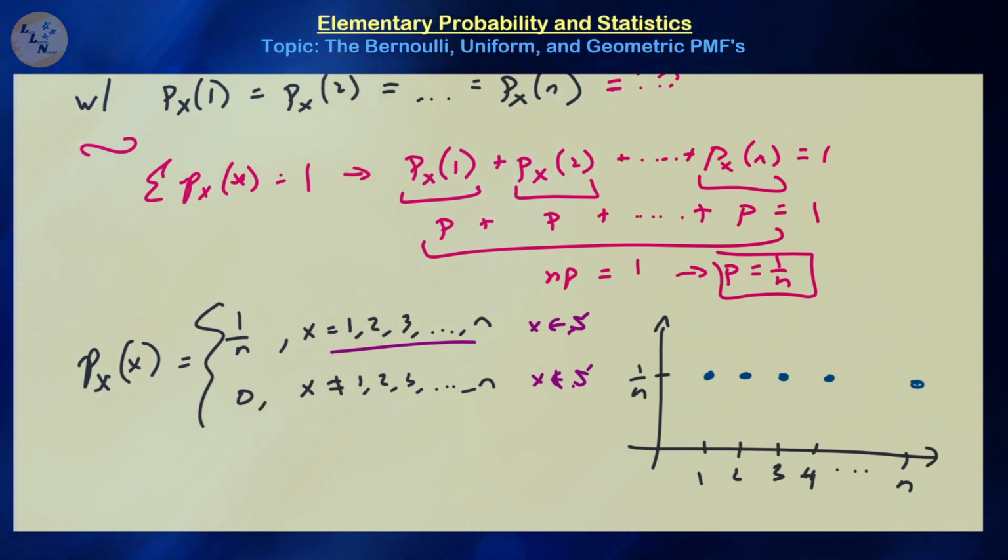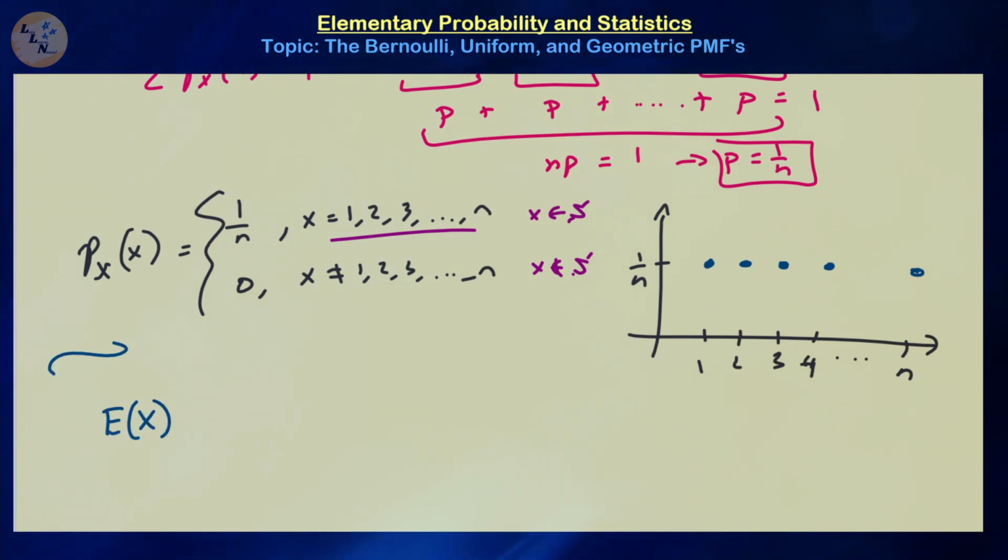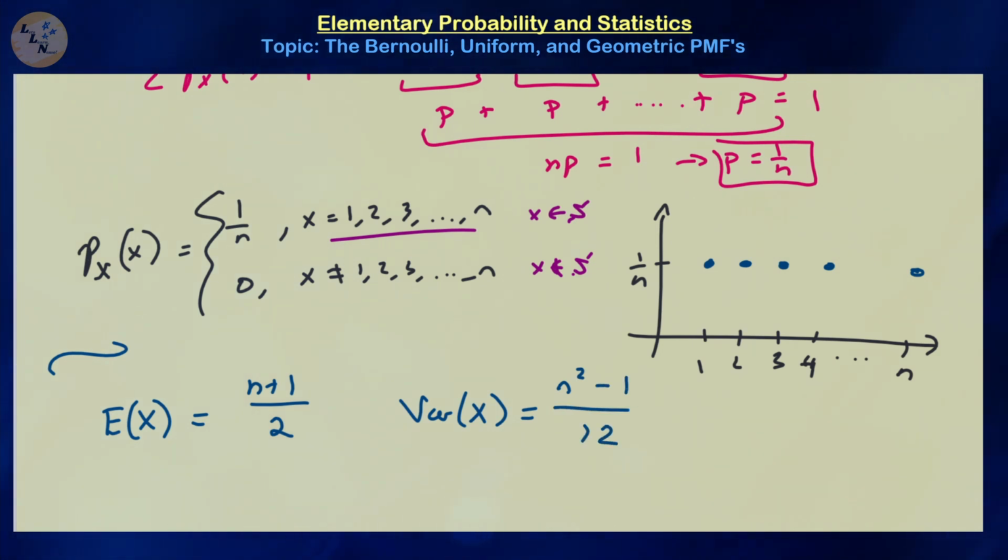So just a couple properties that one should know. Since x is a random variable, it does have an expected value, a second moment, and a variance. One can show that the expected value for this is going to be equal to n plus 1 divided by 2, and the variance is going to be equal to n squared minus 1 divided by 12, right?